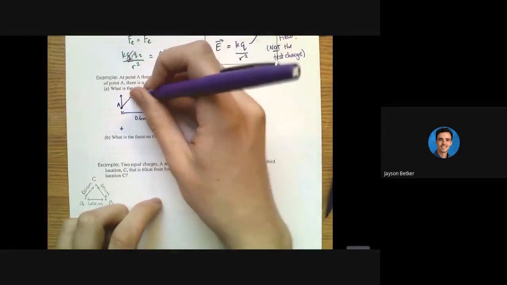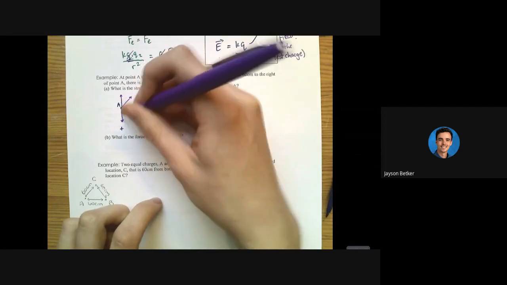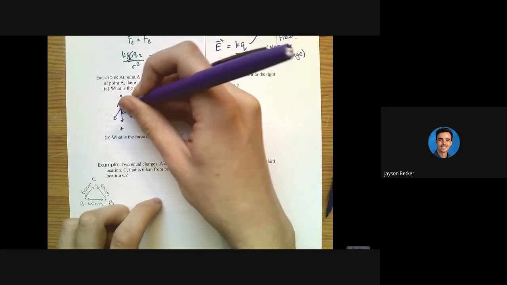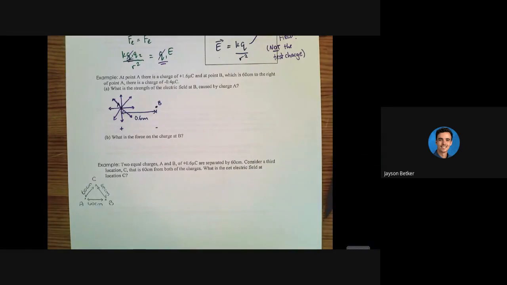Now, my electric field around A, because A is positive, is going away. But that's not to say that the force, what it's asking for, the force on B, which way is it going to be going?